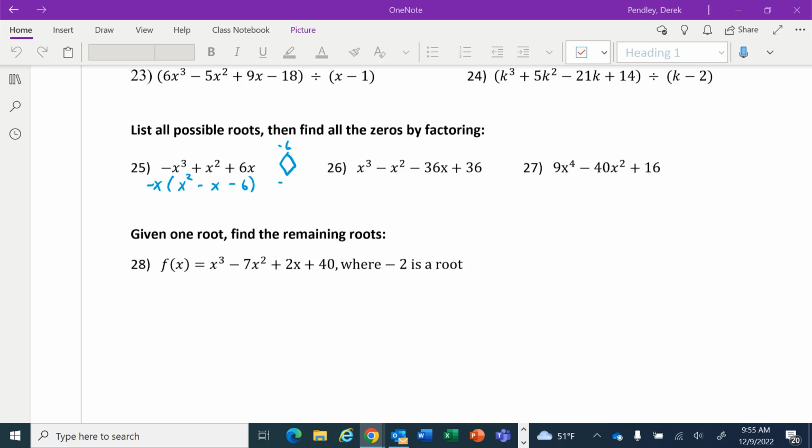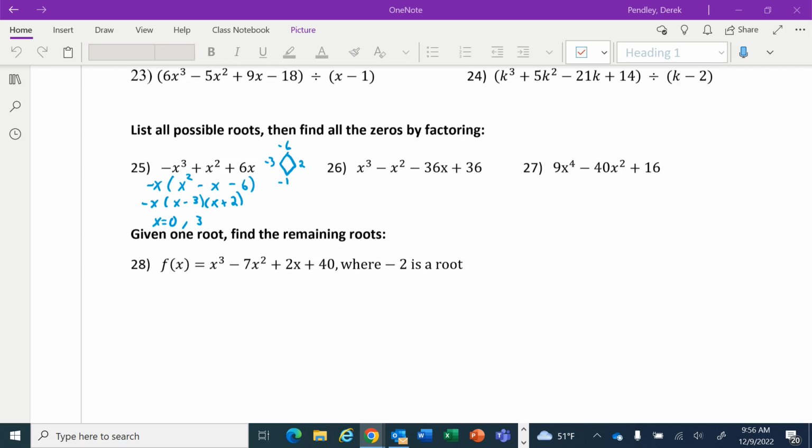So I have negative x times x minus 3 times x plus 2. If I set each of those equal to 0, then my roots are x is equal to 0, 3, and negative 2. So those are my 3 roots where the graph crosses the x-axis.